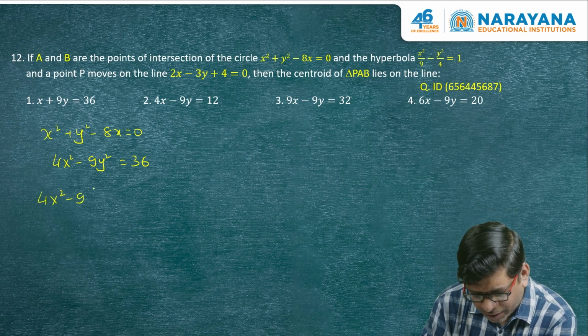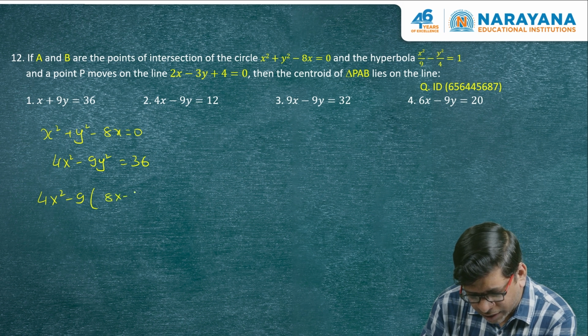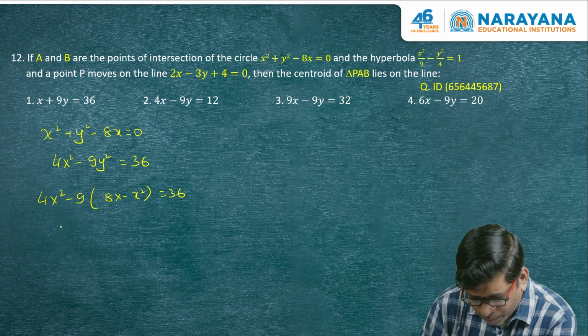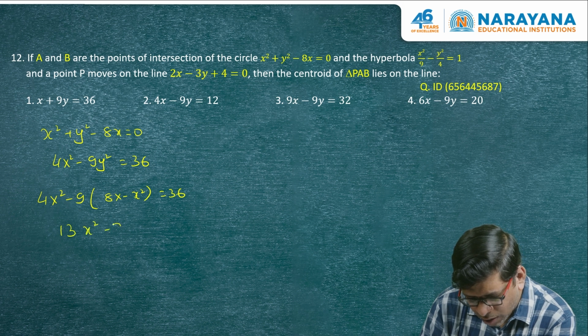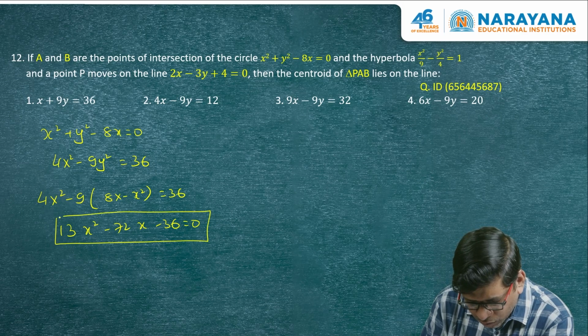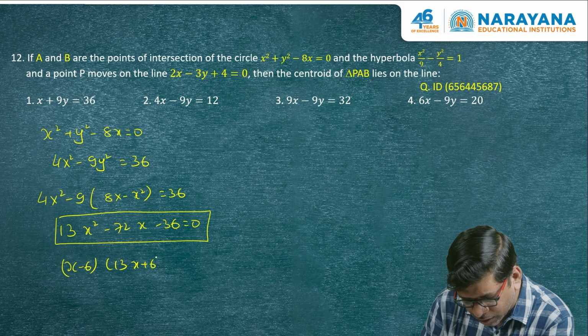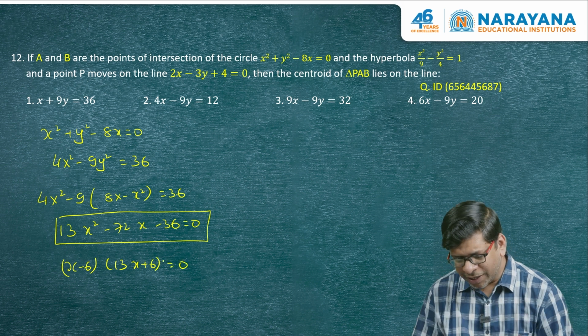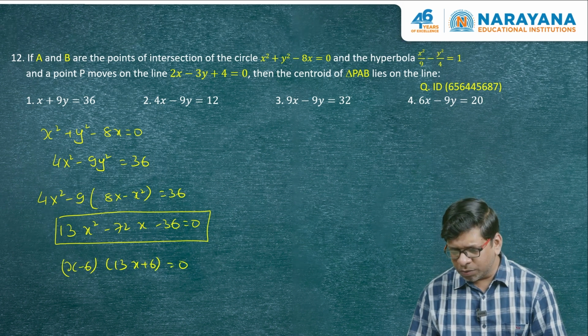4x square minus 9 times y square, which is 8x minus x square, equals 36. So 4x square plus 9x square is 13x square minus 72x minus 36 equals 0. If you factorize this, we'll get (x minus 6)(13x plus 6) equals 0.